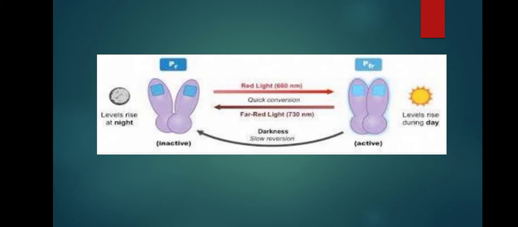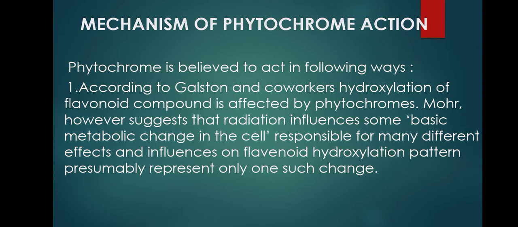In the second line you can see quick conversion, and Pfr levels rise with the sun. Then it becomes night, in darkness there is slow reversion to the inactive form, and the Pr level increases. So these are interconvertible. Now, the mechanisms.